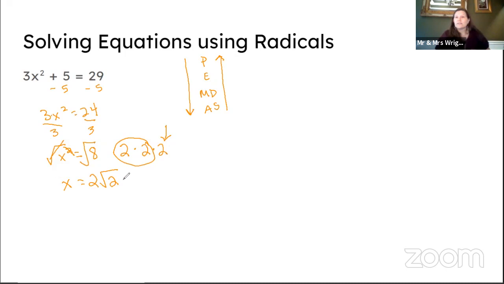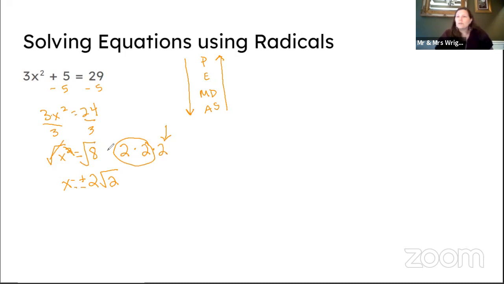But wait, what did I forget? Is that my final answer? Is that everything? No, we don't know if this square root of 8 is going to be a positive or a negative because I'm the one that inserted this radical sign. So you need to make sure you input the plus and the minus right here before the 2 square root of 2.